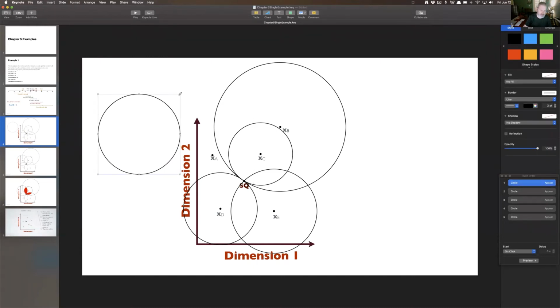Let's say I just bring up a circle from the shapes here, and I give it a line with some thickness and no fill, so it's transparent in the middle. I can line it up right over the ideal point, and then if I hold down Option Shift, I can pull it out right from the center. It'll stay centered right over the status quo. So it makes it easy to draw these in something like Keynote.